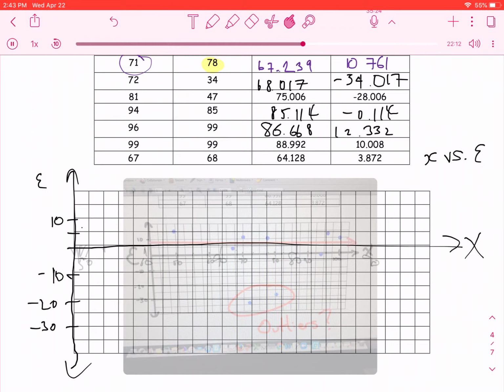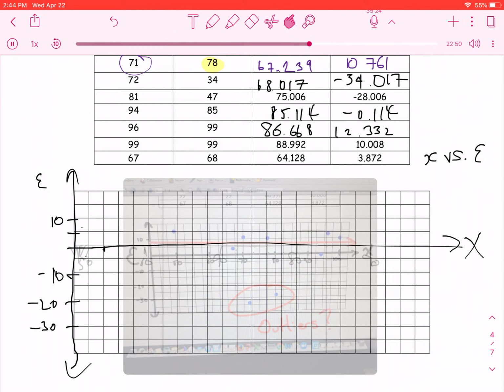On the x-axis I have quite a bit of room, because the highest x value is 99. Let's see here, we could do 10, 20, 30, 40, 50. We'll do a little break just to make it a little easier on us.